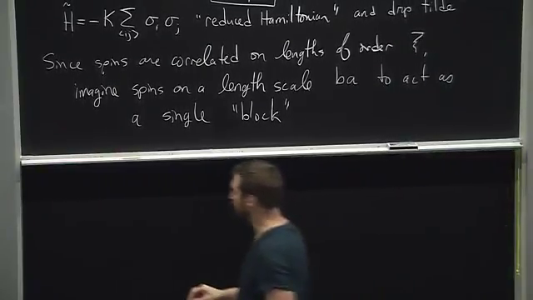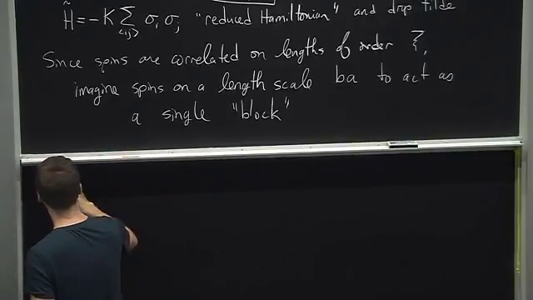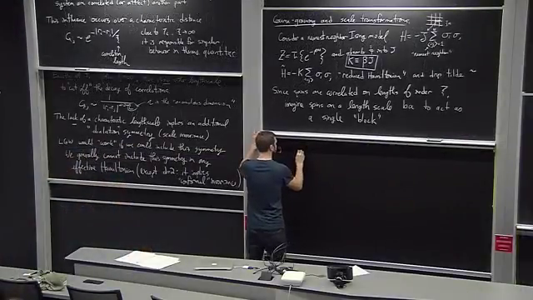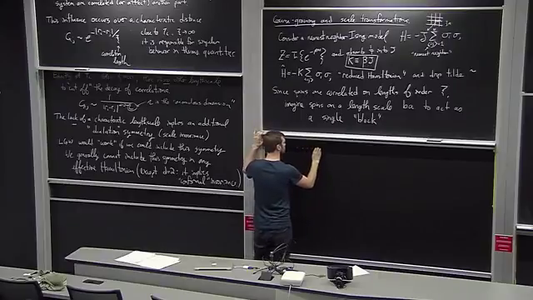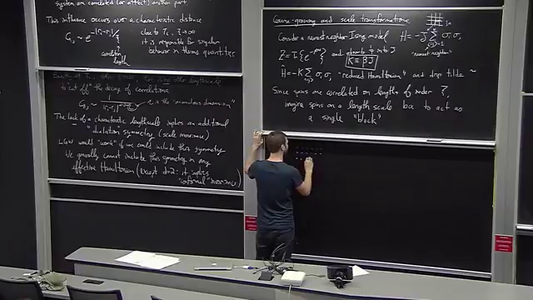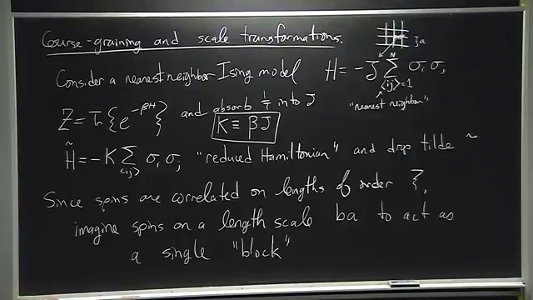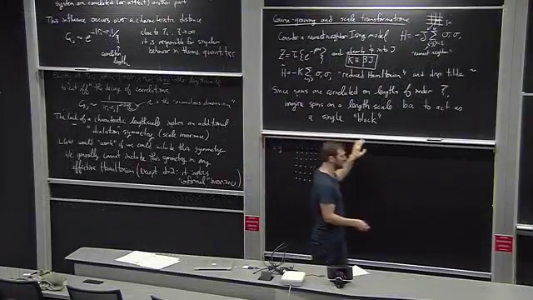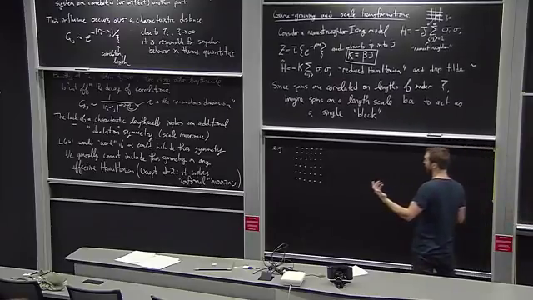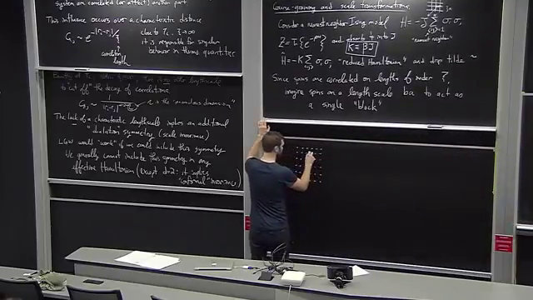Okay, so for example, imagine a 2D lattice. And I can define my B to be, I don't know, it depends what the correlation length is, but imagine chopping this thing up somehow like this.